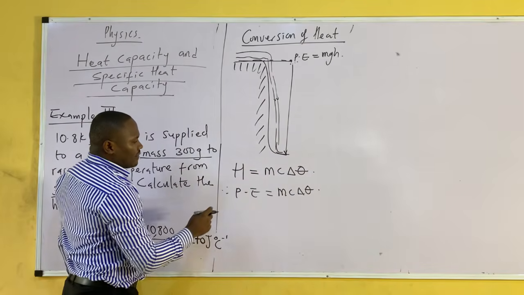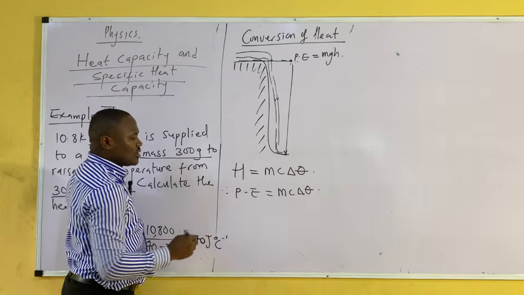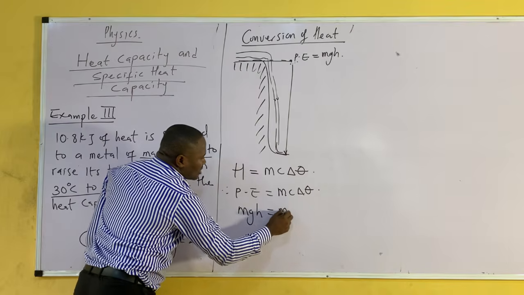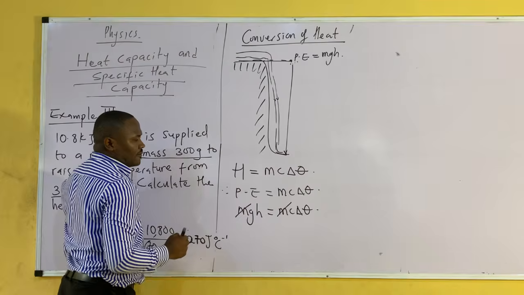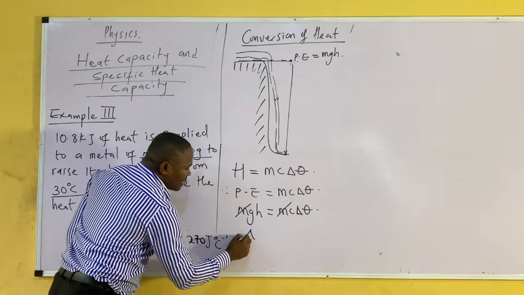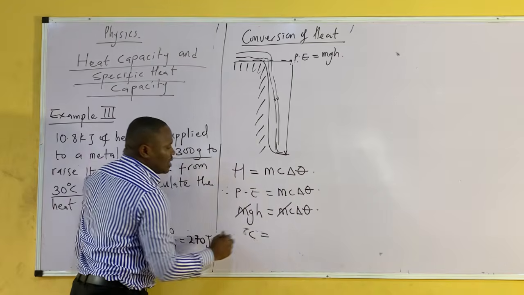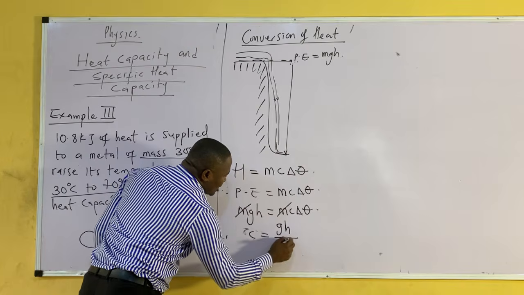So now I have mgh equals mc change in theta, where m cancels m, then I have my c, which is my specific heat capacity, equal to gh over change in theta.